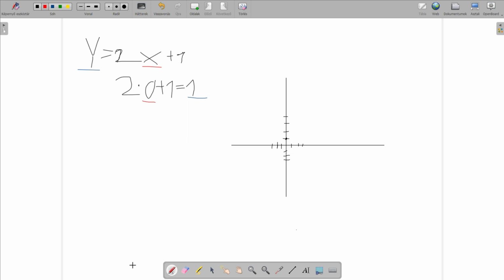But if we put in 1, let's say 2 multiplied by 1, so it's not that confusing, and we will add 1.